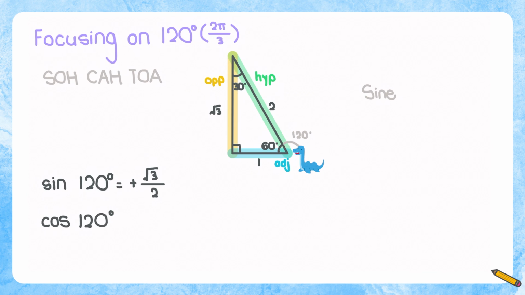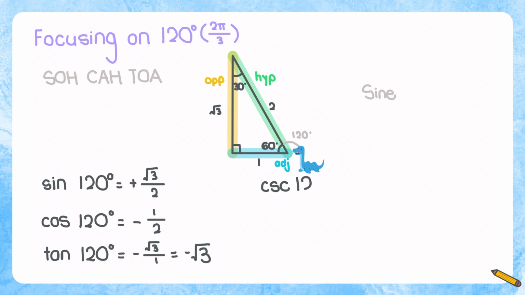So cosine of 120 degrees is going to be negative the adjacent side 1 over the hypotenuse 2. So negative 1 over 2. And tangent of 120 degrees will also be negative. It's the opposite side over the adjacent side. So negative radical 3 over 1, which is simply negative radical 3. And now let's take the reciprocals of these values.